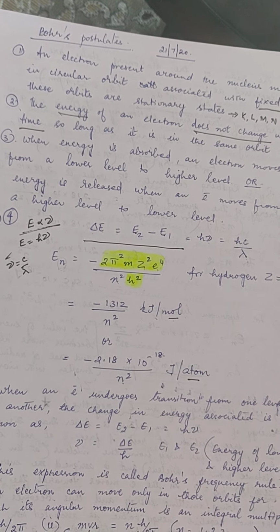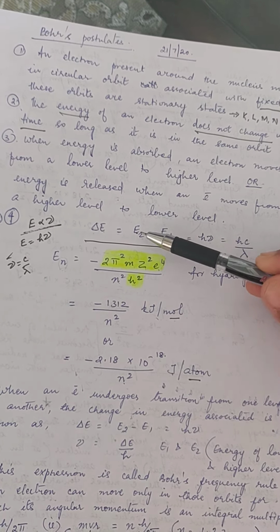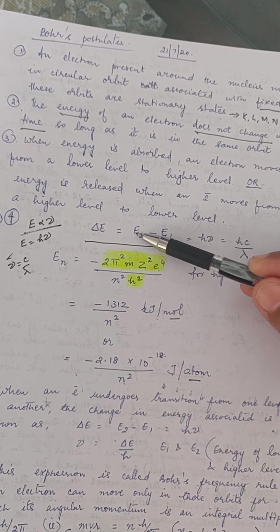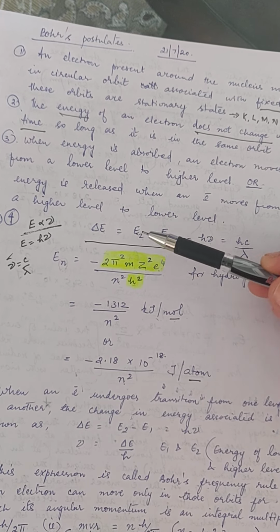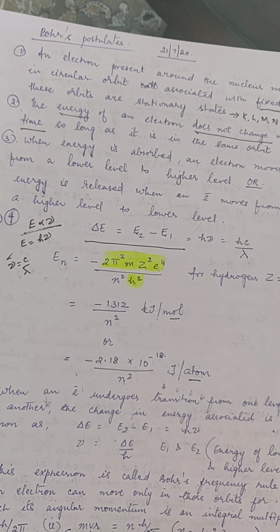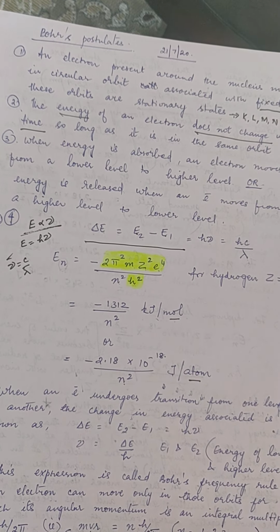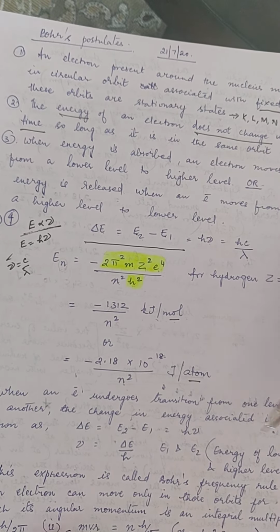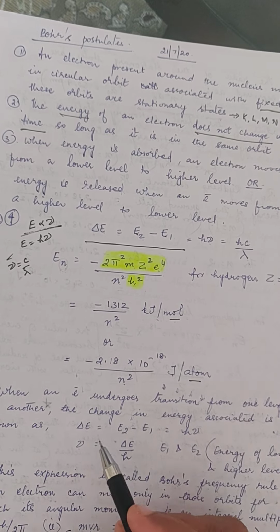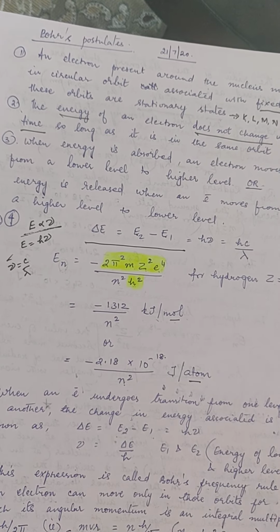So here, whenever an electron is falling from say E2 to E1, there is release of energy. So when an electron undergoes transition from one level to another, the change in energy associated is what is shown as E2 minus E1.